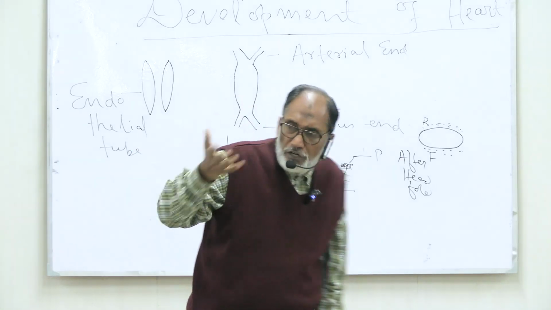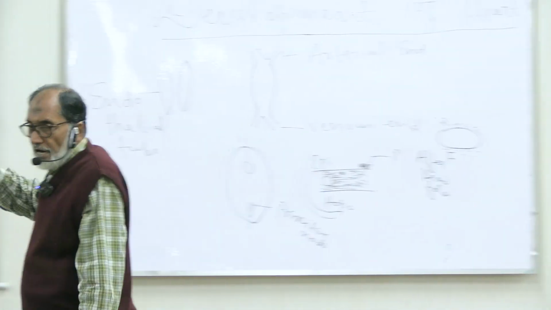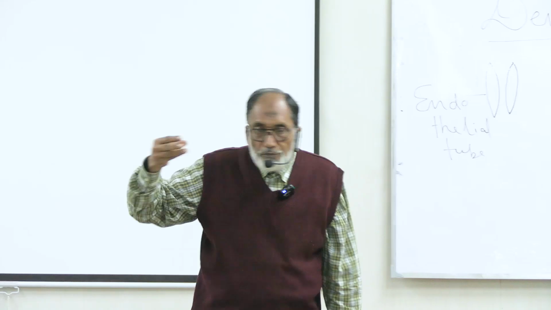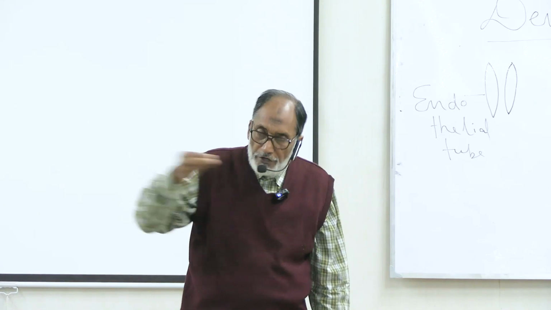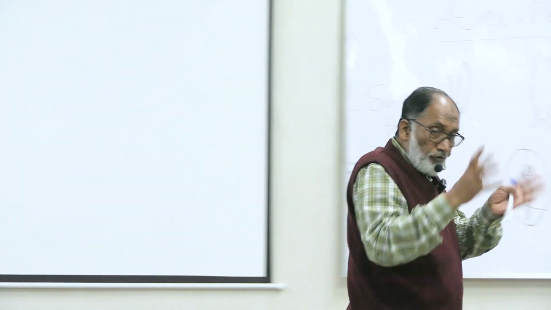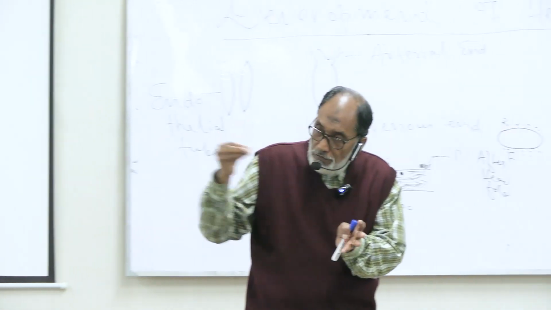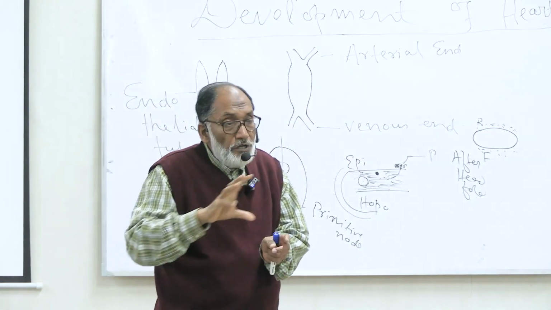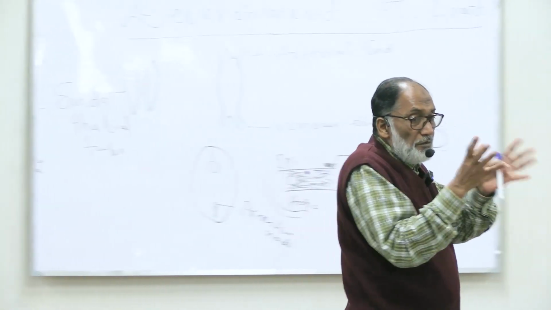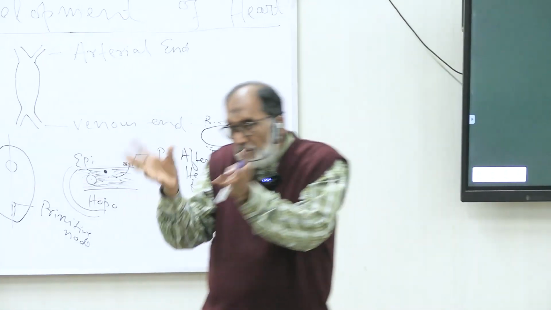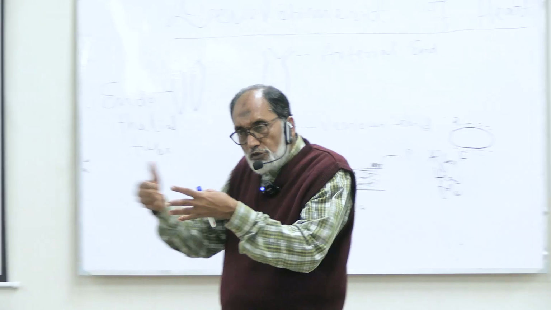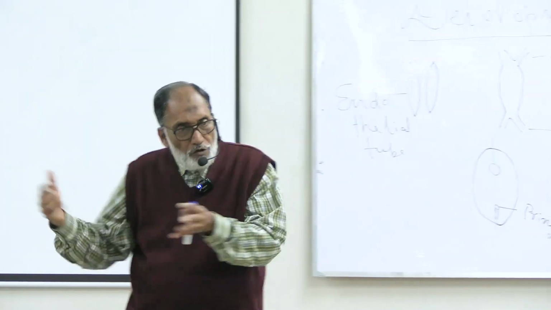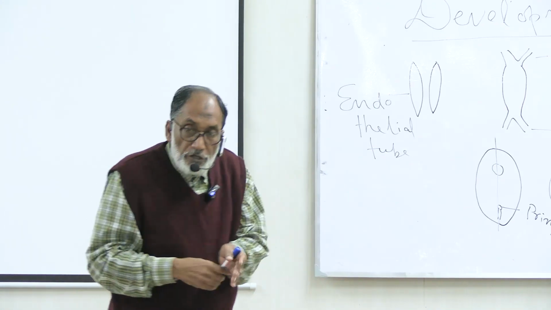Now, at the end of the first week, when the embryo is implanting, the eroded material of the endometrium will diffuse into the fertilized ovum or blastocyst, and they will nourish it.